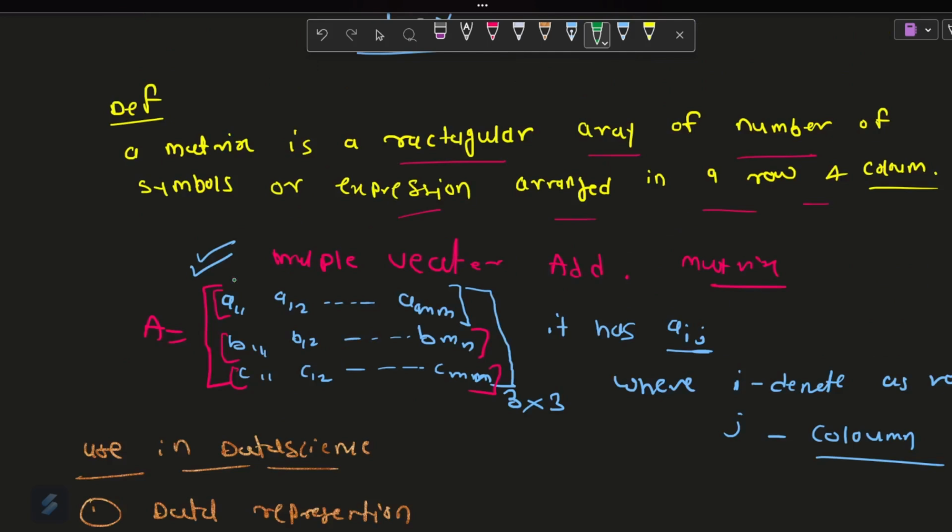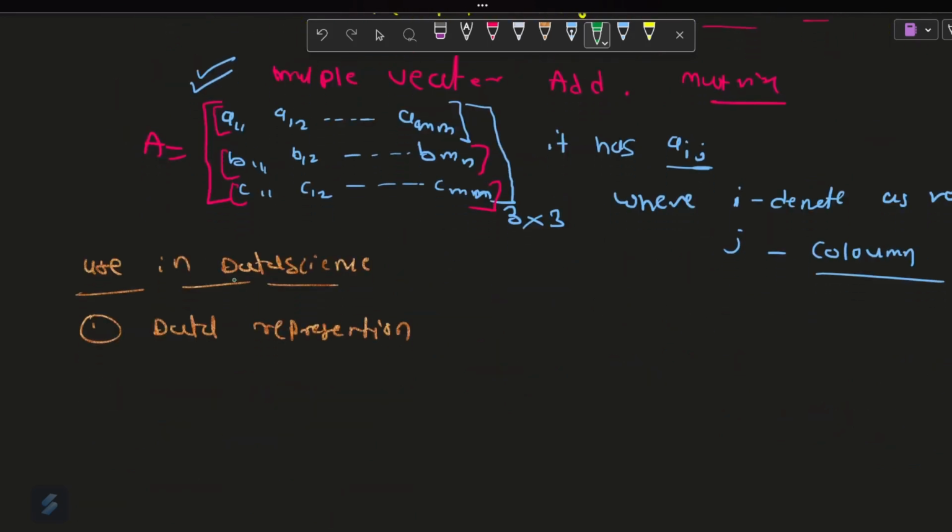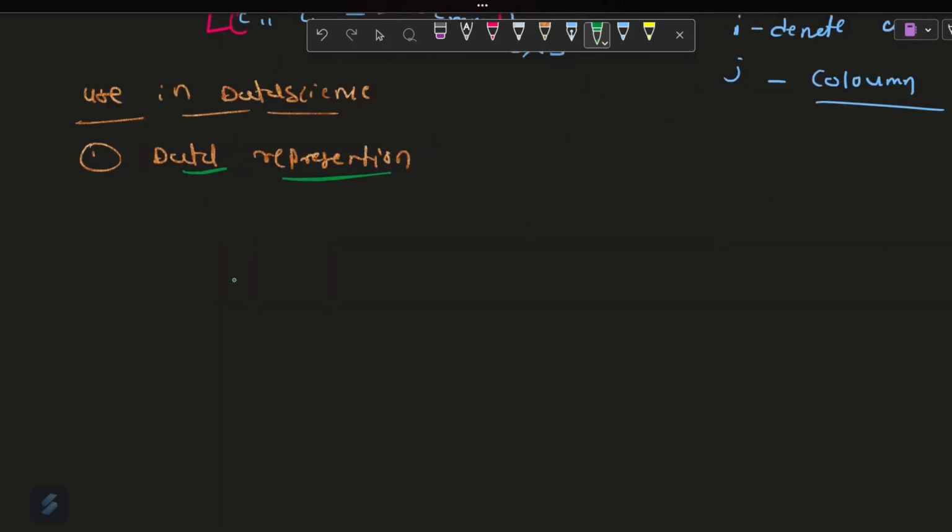Let's understand an example of how data representation works. Let's consider we have scores in math, physics, and biology. In math we have 55, 65, and 70.